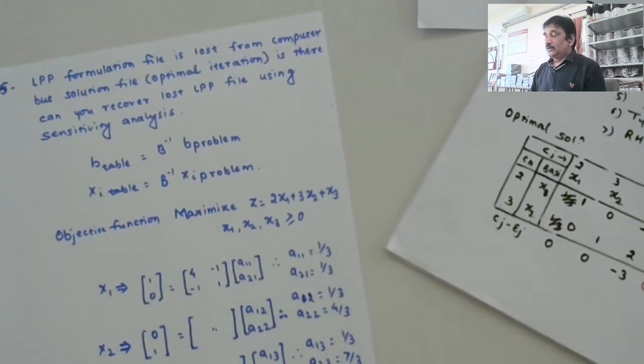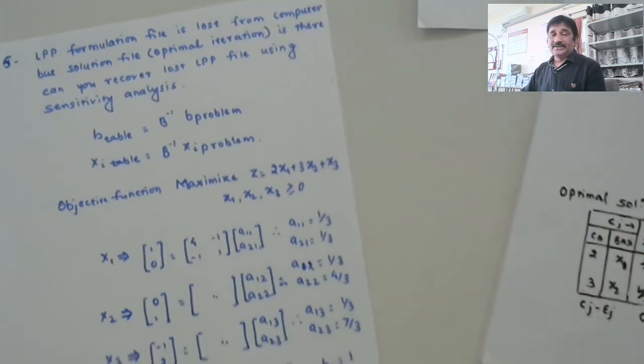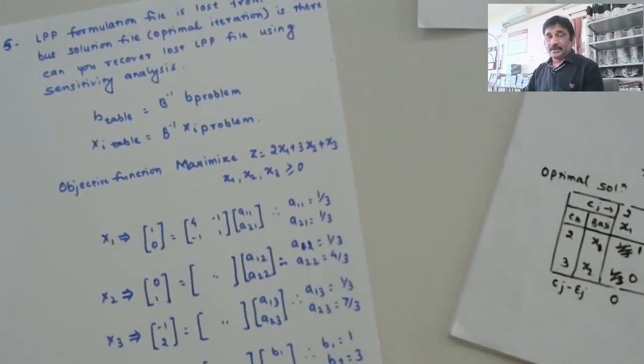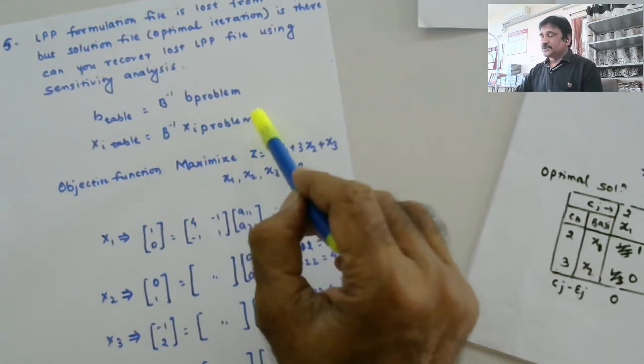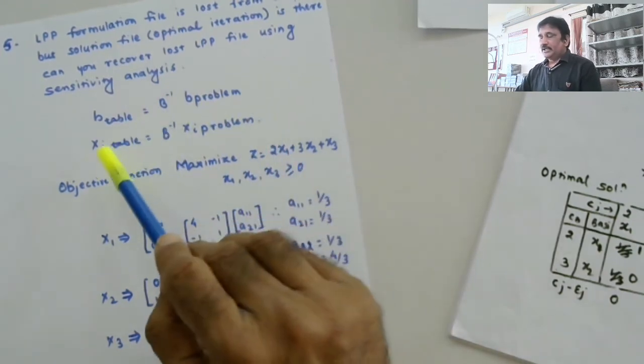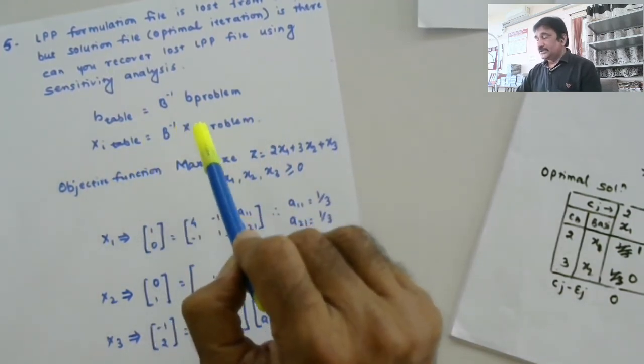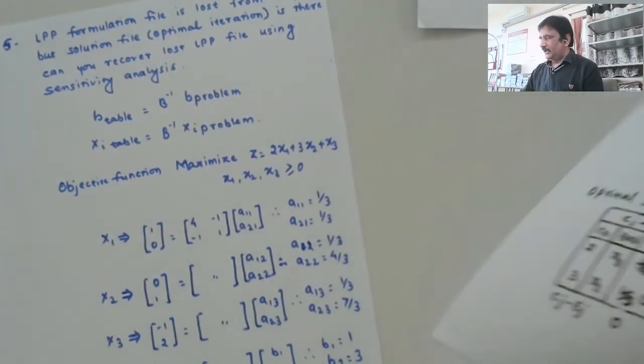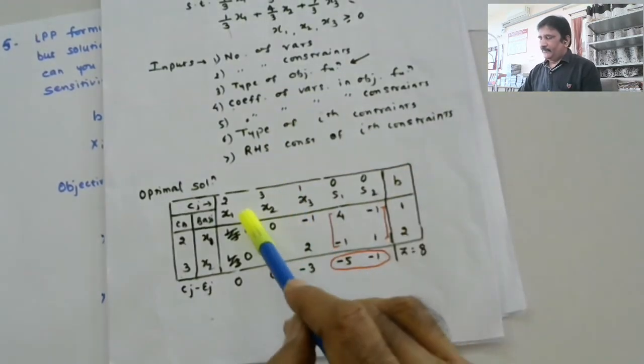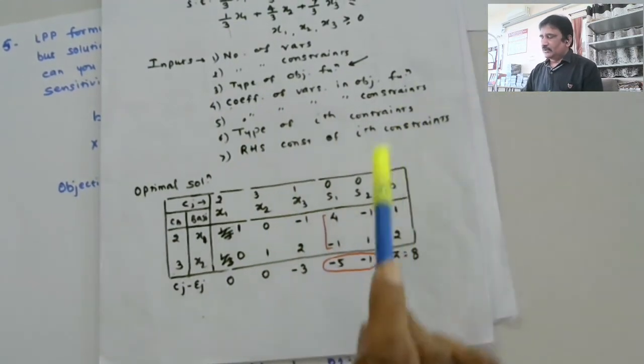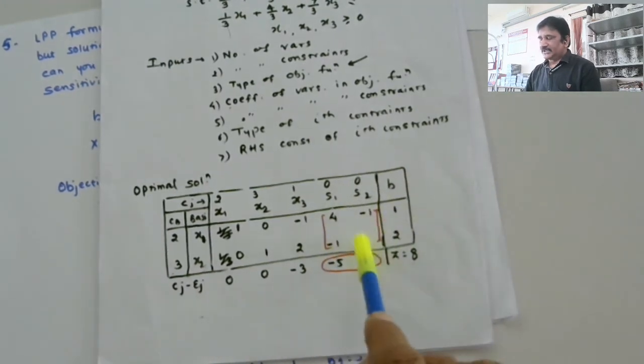Now, I have to find the constraints, the coefficients of the x1, x2, x3 variables in the constraints. So I'll be using this formula. The x1 table, which I know because I have the table, in x1 table I have the value 1 0, is equal to B inverse, which I am having from the table itself.